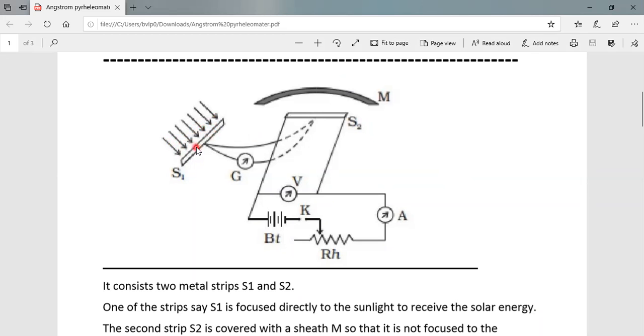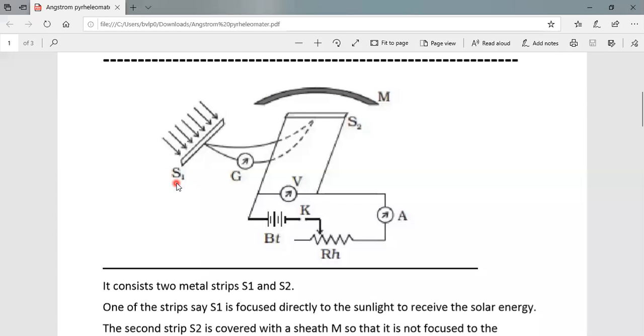And the second metal strip, S2, is protected from the sunlight by covering it with a sheath, which we denote with M. So if you cover the metal strip S2 with this sheath, it is at a cold temperature, whereas S1, as it is directly exposed to the sunlight, is at a hot, high temperature.